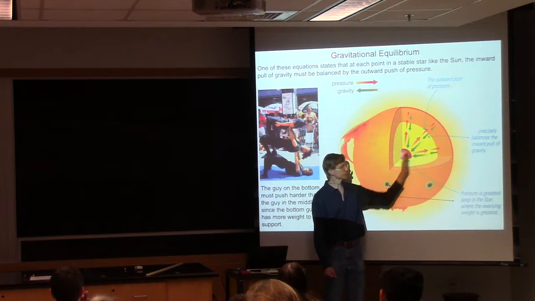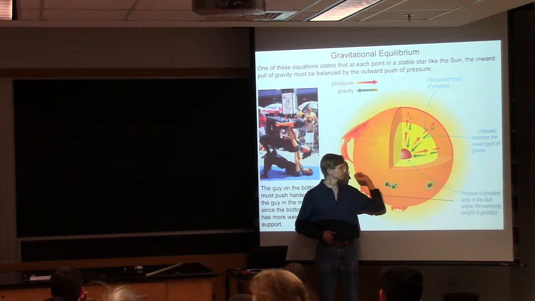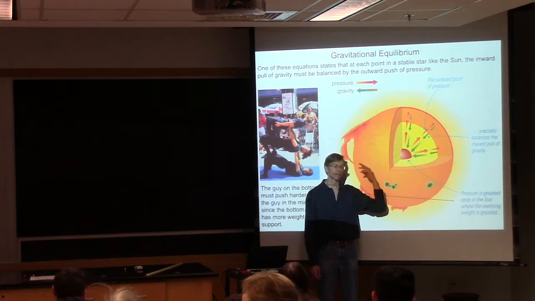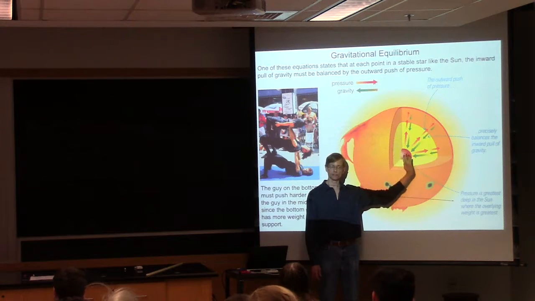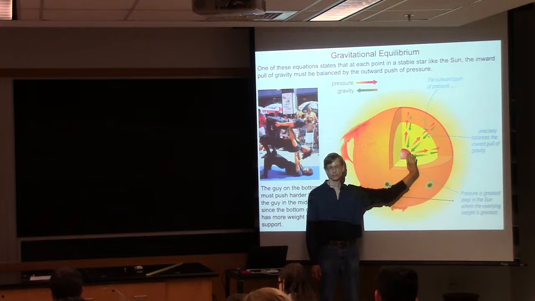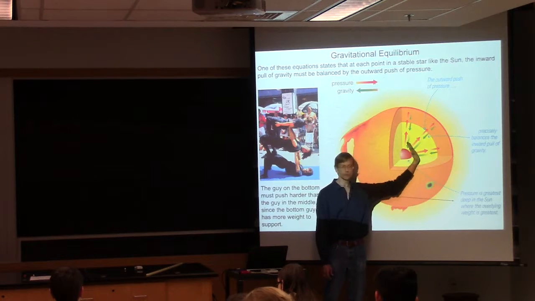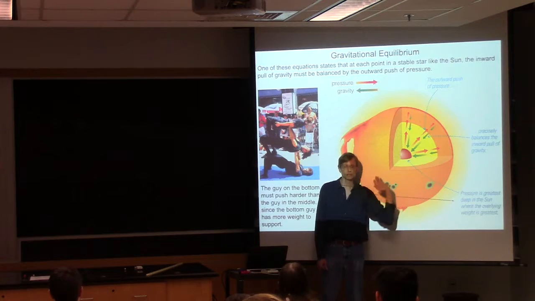Both increase as you go towards the center. The idea is that as you get deeper in, the pressure increases because the weight of the overlying layers increases. And so at any given point within the sun, the outwards pressure is pushing up equal to the weight of all the overlying layers. That's gravitational equilibrium.